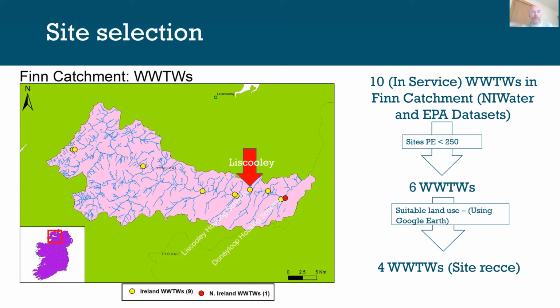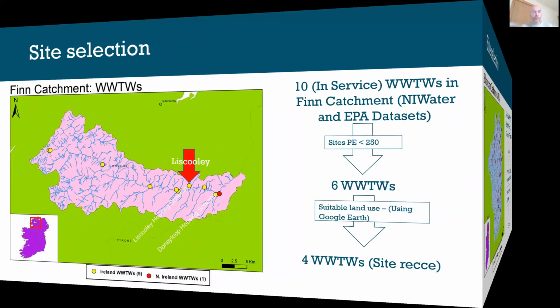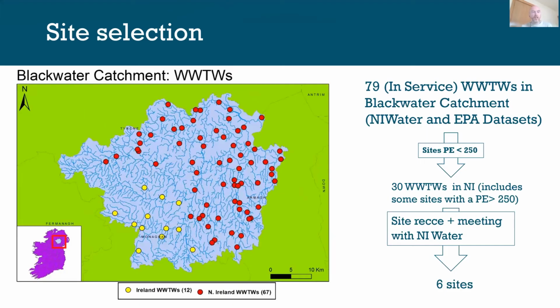But we managed to secure land at Liscooley, so that's one site that we've up and running. In terms of site selection at the Blackwater catchment, there are 79 in-service wastewater treatment works in the Blackwater catchment. And there you see the red dots are the wastewater treatment works occurring in Northern Ireland, whereas the yellow dots are the wastewater treatment works occurring in the south of Ireland.